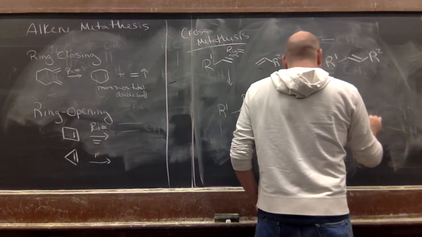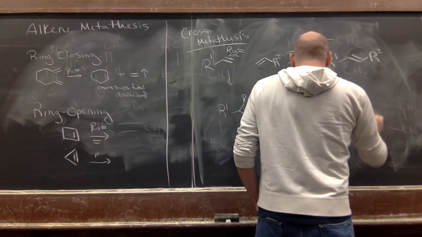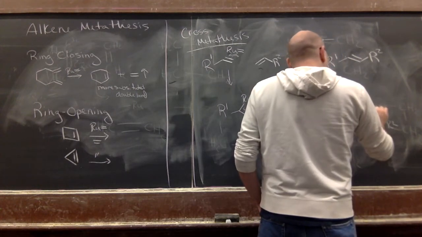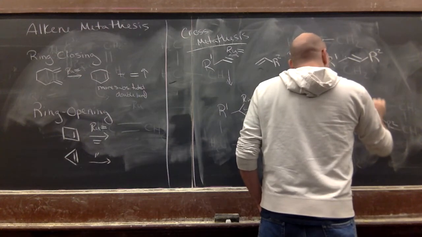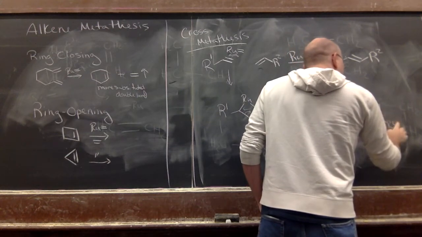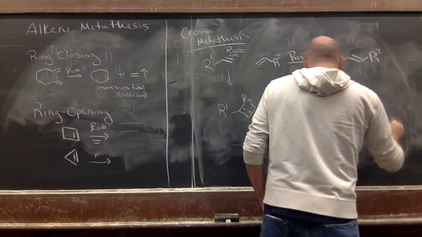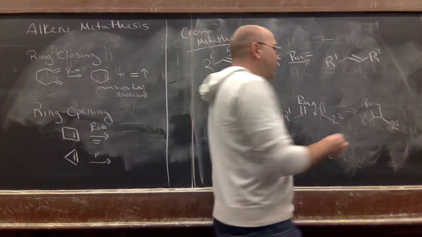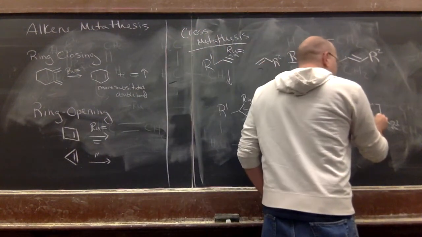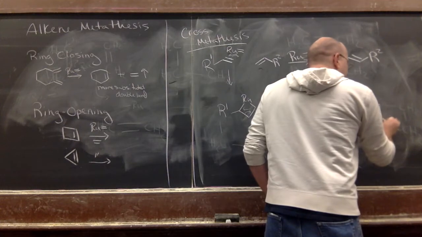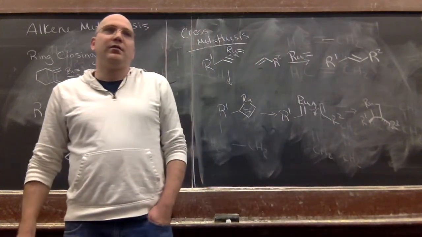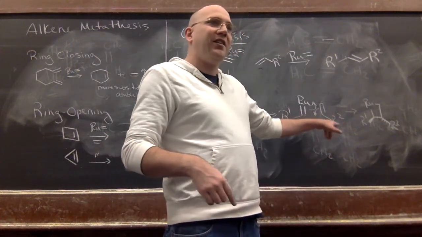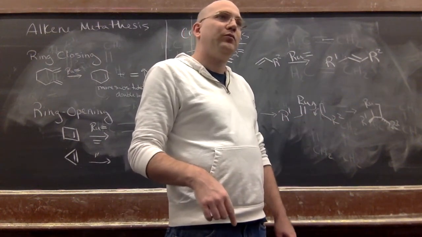This gives us a cis product though. What do you mean? We didn't show any stereochemistry. There's no stereochemistry. The stereochemistry is going to be based upon whether this R group is cis over here. But according to this drawing, you still do have a cis.